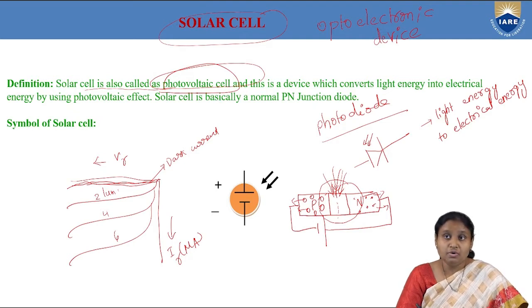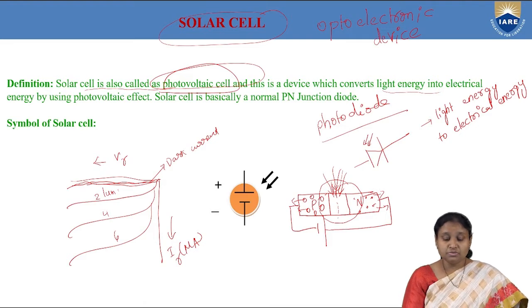As I told you, it comes under optoelectronic devices, where there is conversion of light energy into electrical energy. These solar cells are called photovoltaic cells. They behave just like a normal PN junction diode, but we use some special types of materials to make the solar cell.